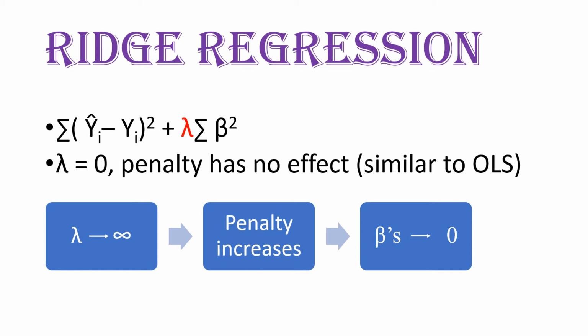Because of that, ridge regression is used to fit the model with all the needed variables, while we can circumvent the 1 in 10 rule and prevent overfitting.